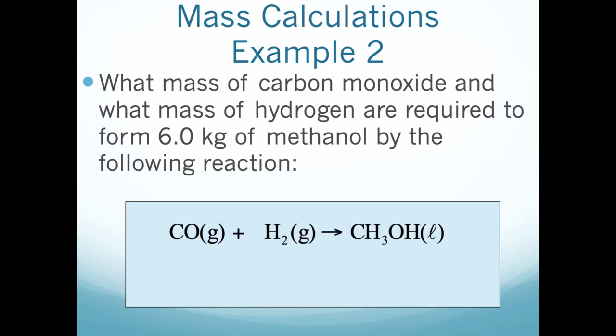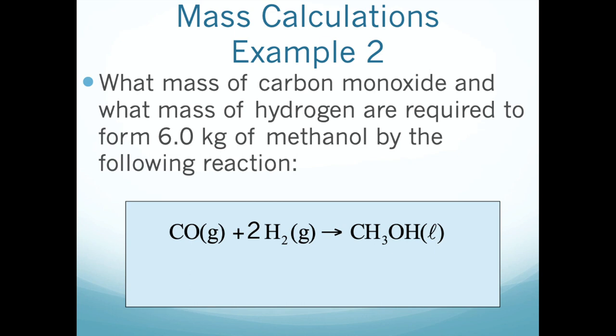So if you recall, when we balance this, we have 1 carbon monoxide reacting with 2 hydrogens to make 1 methanol. Now, the question asks, what mass of carbon monoxide and what mass of hydrogen are required to form 6 kilograms of methanol? Well, we're going to have to do this in 2 separate problems because, again, we can only compare 2 chemicals at a time.